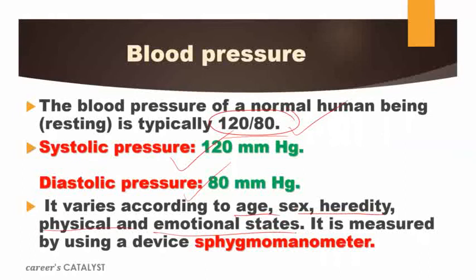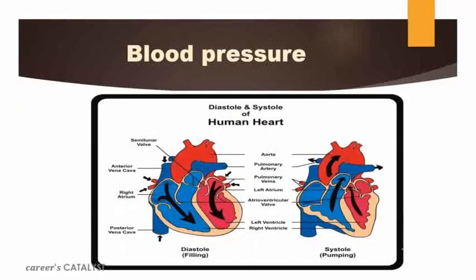We have a device with which we can measure blood pressure. That is named the sphygmomanometer. This sphygmomanometer is a device by which we are able to measure the pressure exerted by blood on the wall of blood vessels. As you can see here, this is the diastole phase and this is the systole phase.